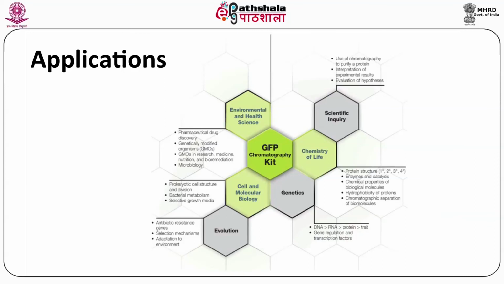It is widely used in chemistry to see protein structure, enzymes and catalysis, chemical properties of biological molecules, hydrophobicity of proteins and chromatographic separation techniques. And last, it can be used for scientific analysis, such as the use of chromatography to purify a protein, interpretation of experimental results and evaluation of hypotheses.